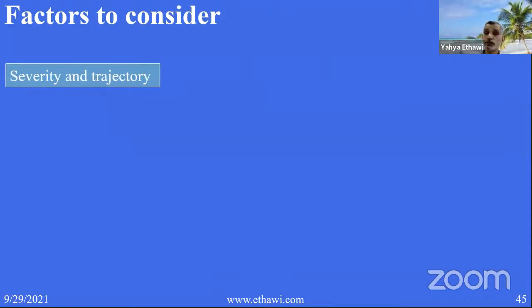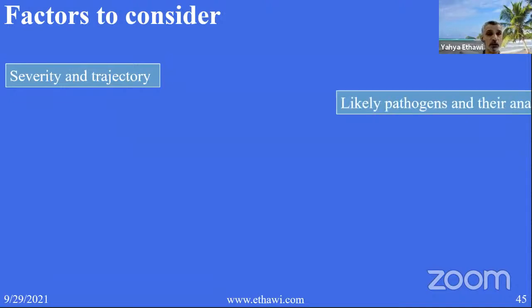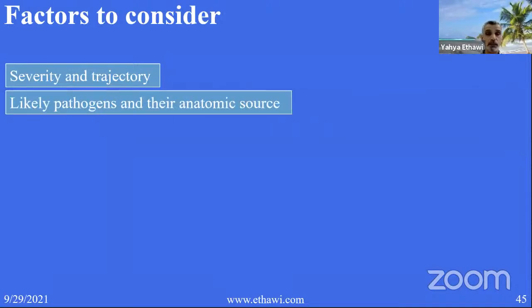You also can consider, when you start, severity and trajectory. Is it improving, the same, or deteriorating? What are the pathogens you are giving antibiotics for, and what is their anatomical source? When you document that, and then write a correct antibiotic choice, a correct dose, a correct duration, a correct spacing, then you will limit antibiotics use.